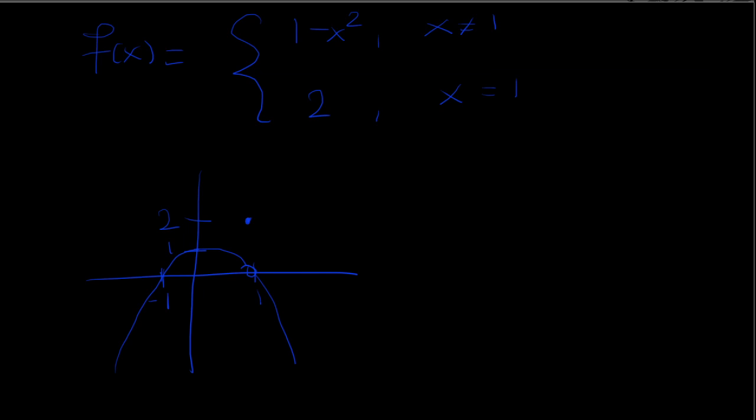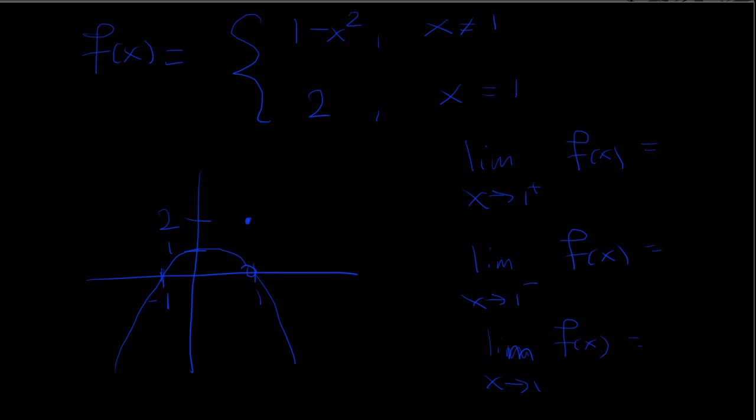Okay, let's see the limit as x approaches 1 from the right of my function, the limit as x approaches 1 from the left, and the limit as x approaches 1. So from the right, I'm going to be looking at the right part of the graph.